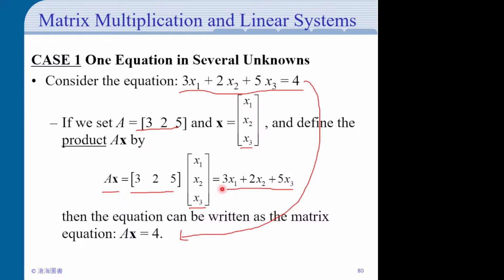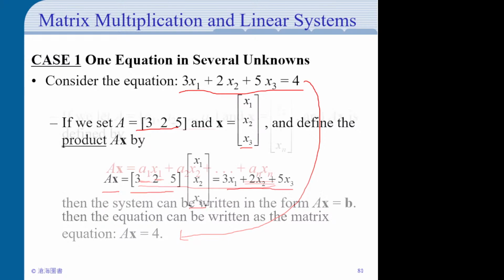Then we say this equals 4, so Ax = 4, and you get back to your equation. This is a kind of algebraic manipulation.